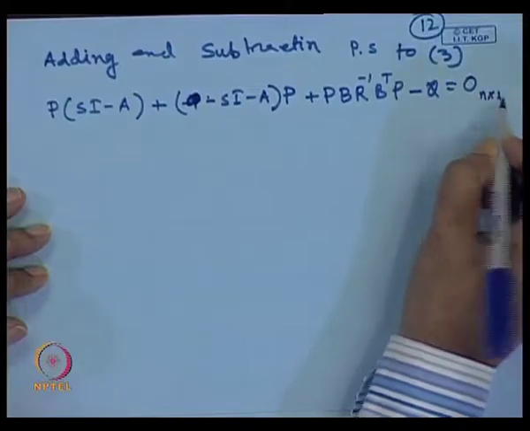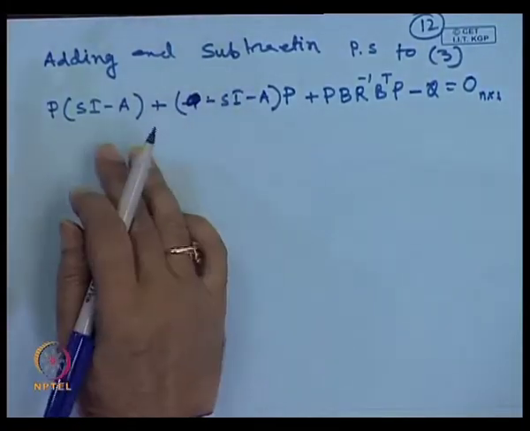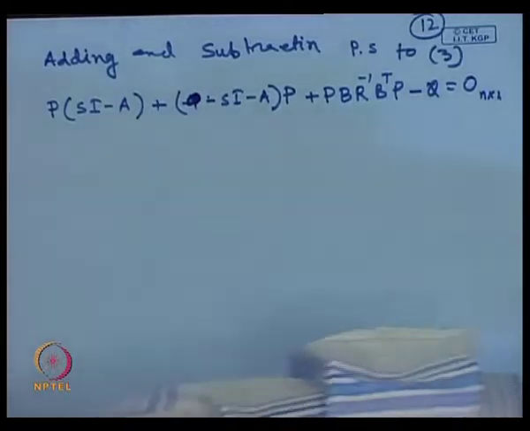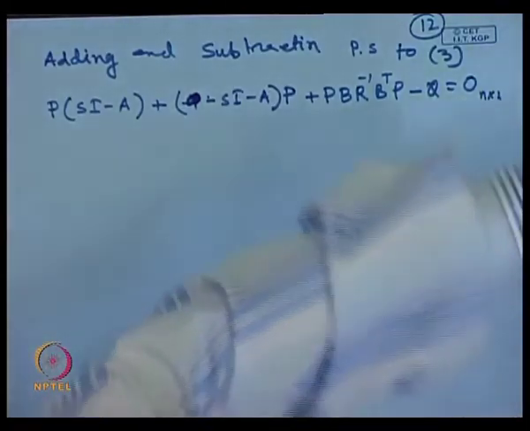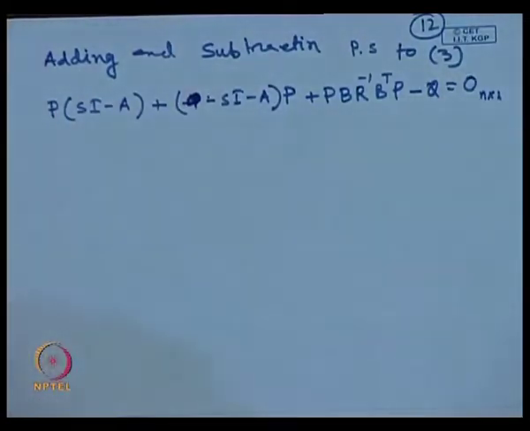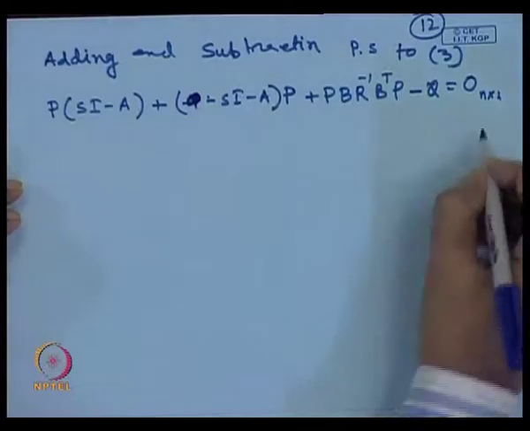What I did, more specifically, is multiply the algebraic Riccati equation, equation number 3, by minus 1, then add P s and subtract P s, and by manipulating we got it this way. We have gone up to equation number 5, so this is equation number 6.